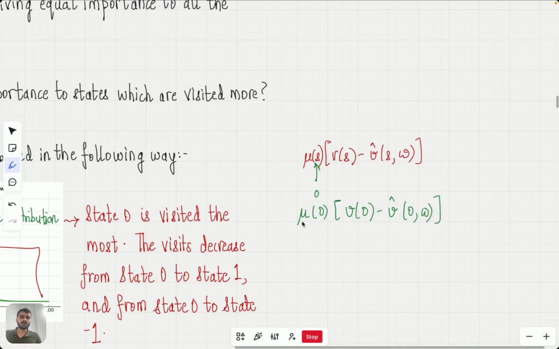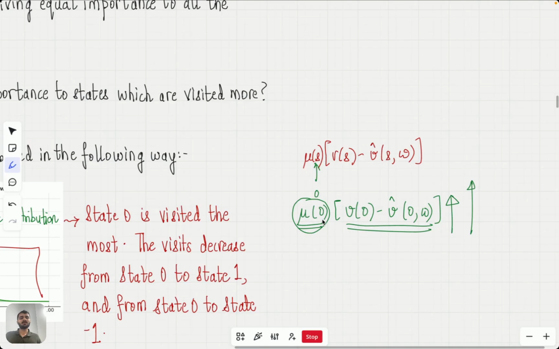So if, let's say, this difference is very high, then my entire product is going to be very high because this mu value is the highest, which means that I am penalizing my approximate value function more at points which have a higher value of mu of s.